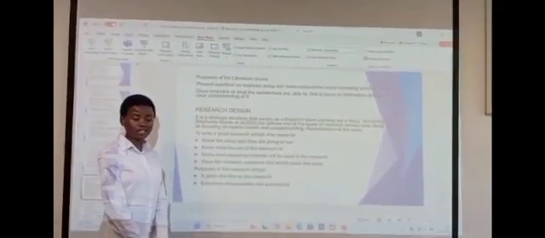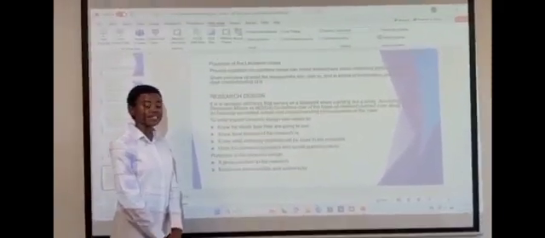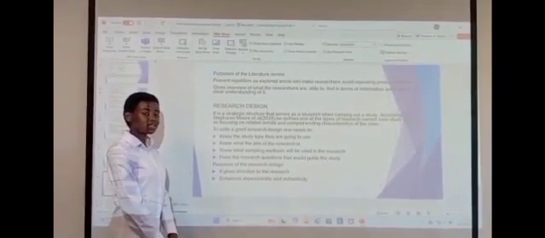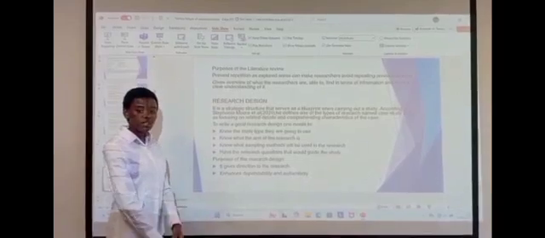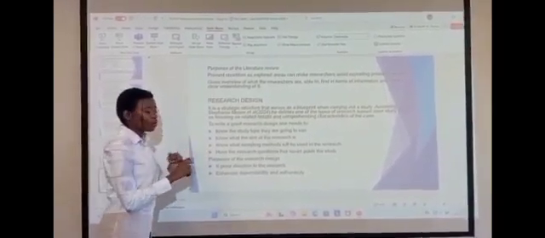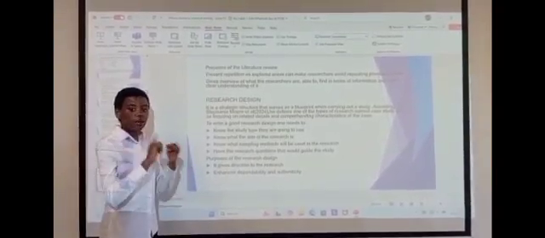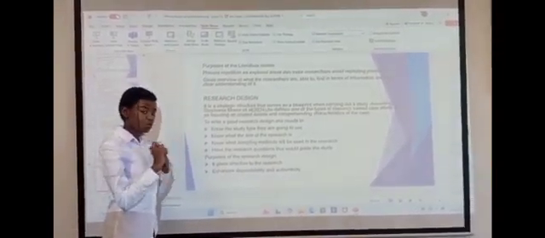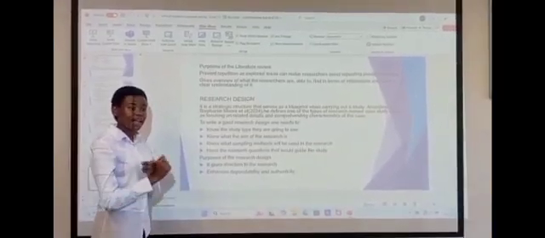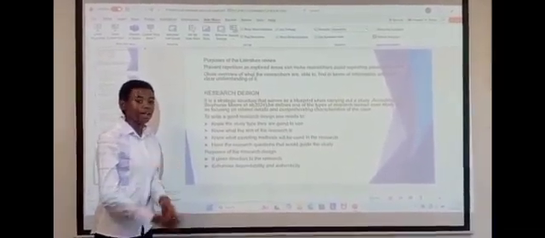A research design is a strategic structure that serves as a blueprint when carrying out the study. To write a good research design, one needs to have questions that would guide the study. One needs to know the aim of the research in order to know the study type and the sampling method.